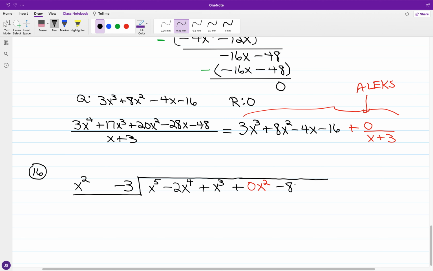And after this, we have minus 8x. And we have plus 18 at the end. Okay, and now with the divisor, not at x minus 3 or x plus 3, but at x squared, and it's because of the 2 here, that we cannot use synthetic division directly.